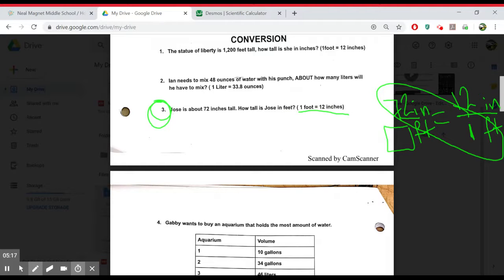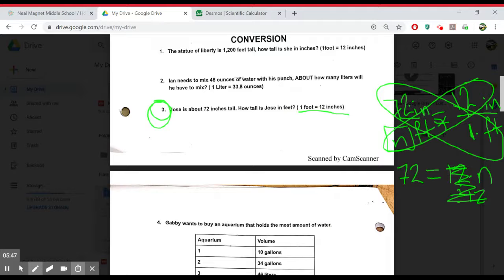So I multiply across, and I have 72, because 72 times 1 is 72. And then this is 12 times n, where n stands for my number. When I don't know part of a multiplication problem, I divide to find what the unknown is. So I'm going to divide by 12.